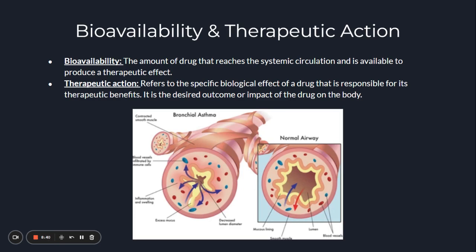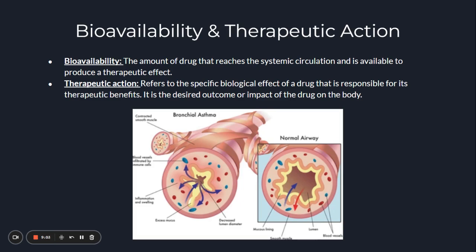To explain bioavailability, let's go back to our analogy of packages. So imagine a drug as a package that needs to be delivered to a specific destination, a specific part in the body. The bioavailability of a drug is the percentage of the package that is delivered and reaches the destination, the specific part in the body. And the medication or the package is intact.